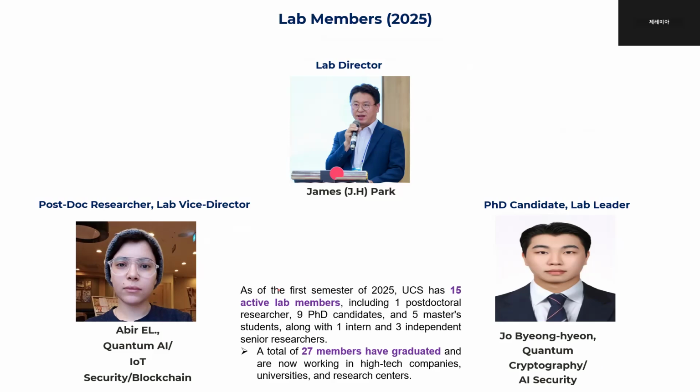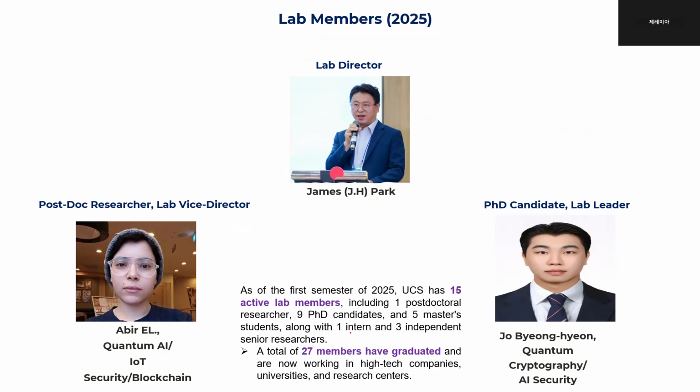As of the first semester of 2025, the UCS Lab has about 15 active lab members, including one postdoc, Dr. Abir, about 9 PhD candidates, 5 master's students, along with 1 intern and 3 independent senior researchers.